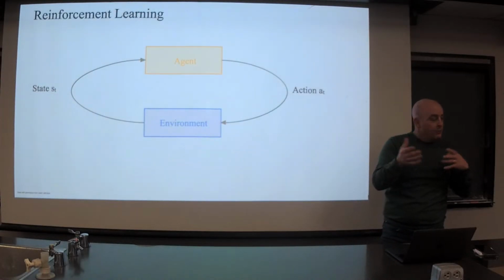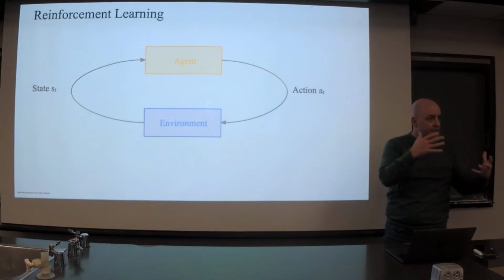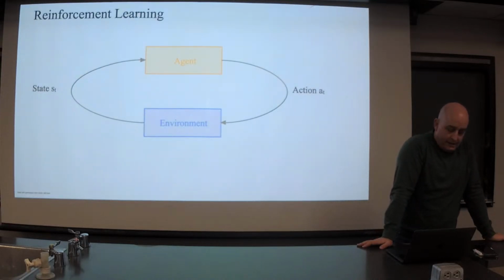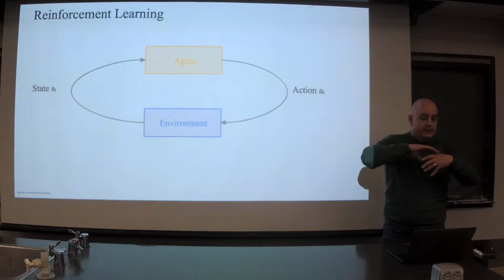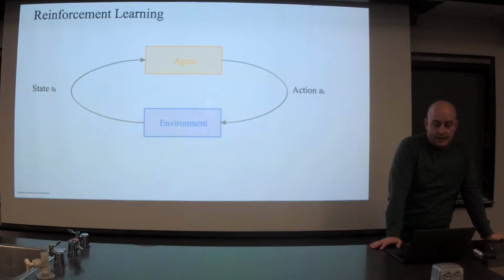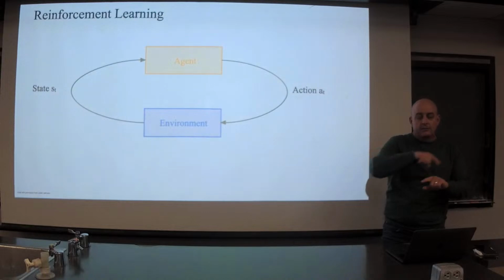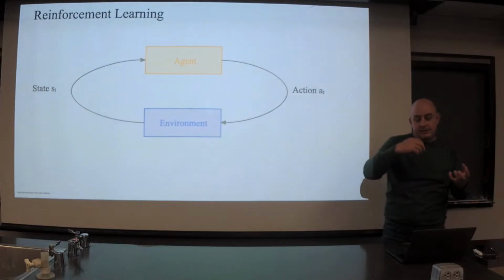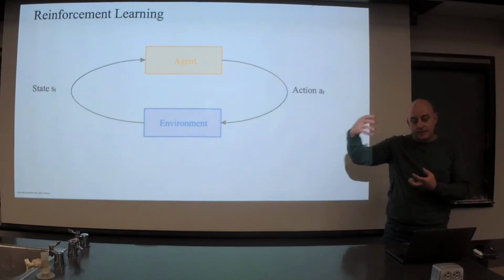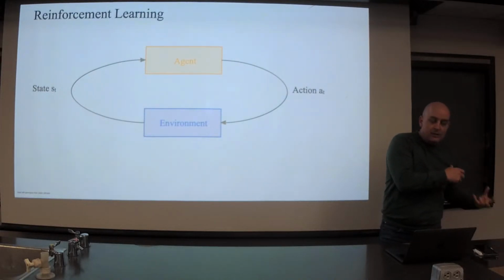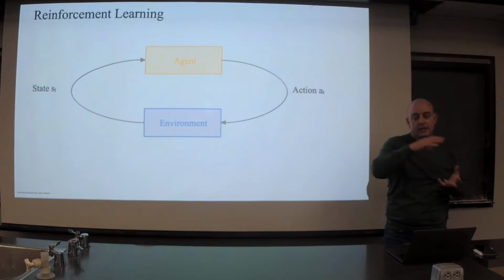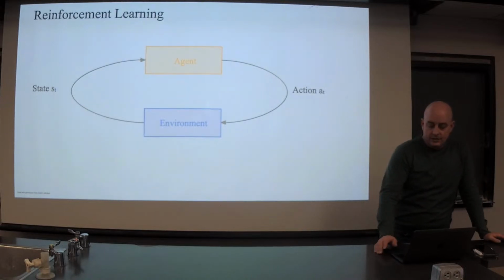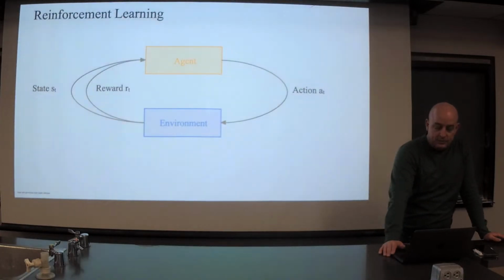That may or may not change the state of the environment, and we move forward in this process: the agent in a certain state takes an action, is now in a possibly new state, and takes another action, so as to maximize reward.